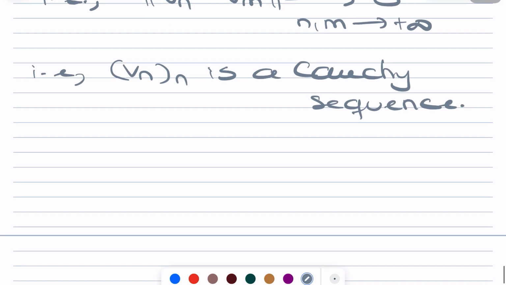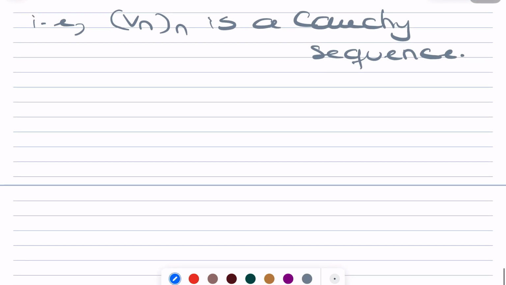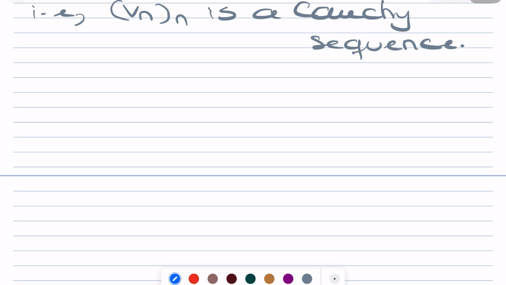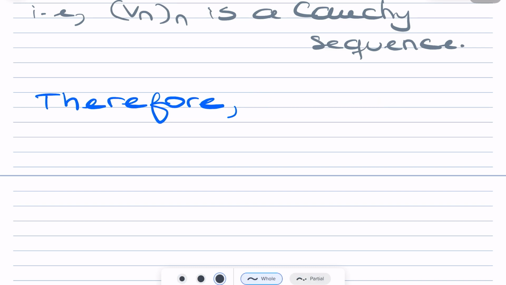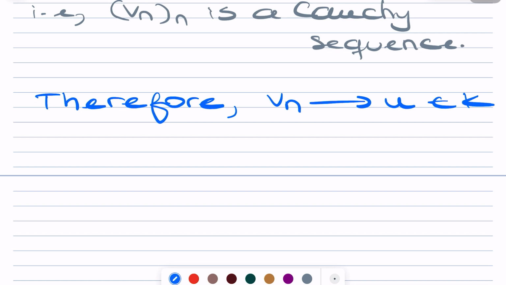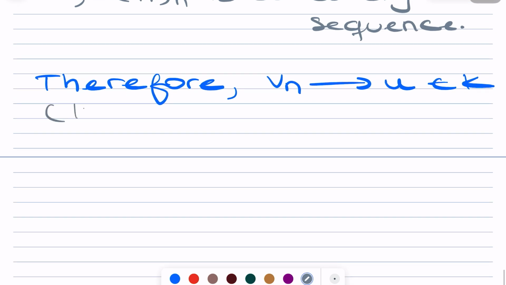Therefore, the sequence v_n converges to some limit u in K, because K is closed, a closed subset of a complete metric space is complete, and H is complete.